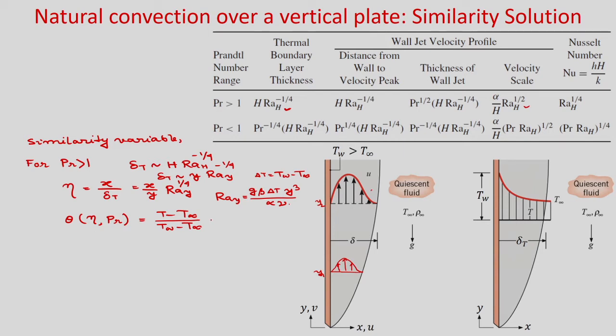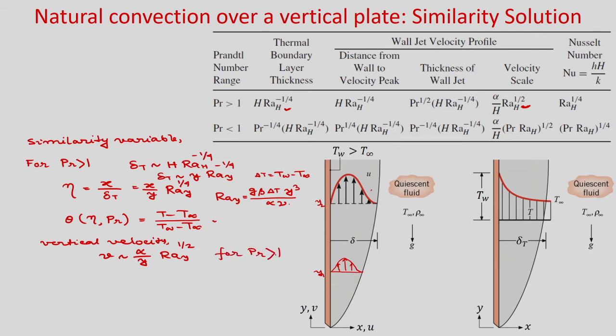So, theta you can write this way, and we know the vertical velocity scale is v of order alpha by y. This we are using with Ra_y to the power half, for Prandtl number greater than 1, which we are considering.